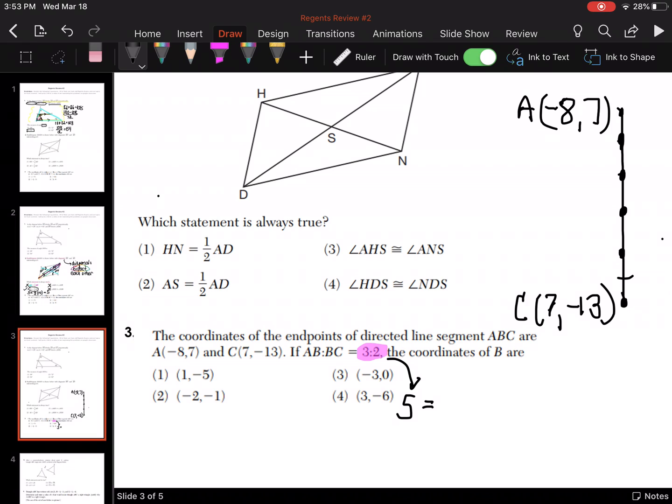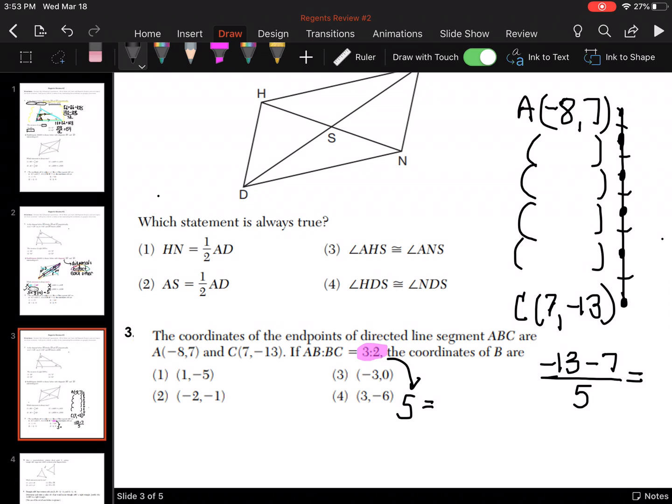We'll split it into 1, 2, 3, 4, 5 equal parts. Okay, and as far as the arithmetic, we'll do bottom minus top. So negative 13 minus 7, and then I need to divide that by 5. So that gives me negative 20 divided by 5, which is negative 4.